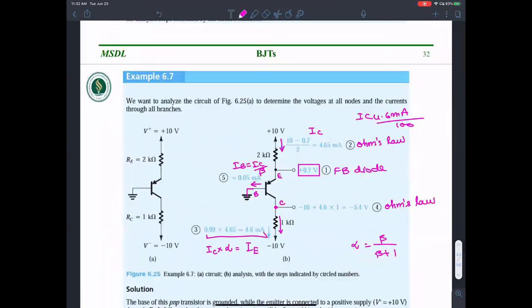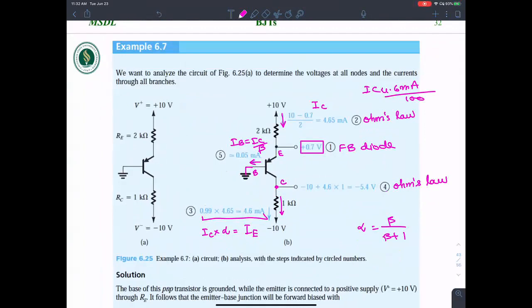So these will most likely be the steps that you will do for many biasing problems. The first step will be identifying a forward-biased diode in the active region and approximating its value to be 0.7. The second step would be Ohm's law to find IE.